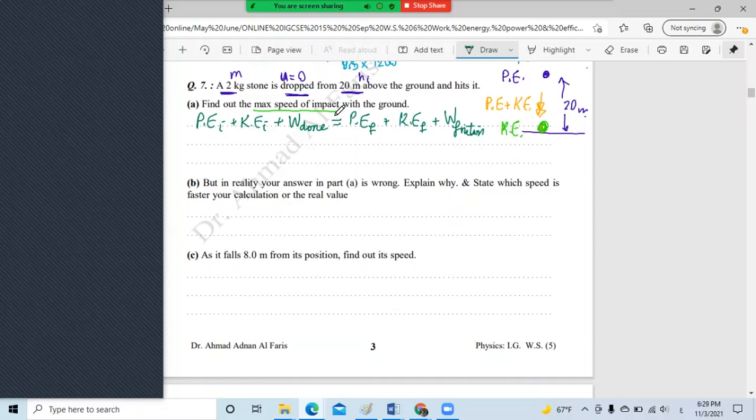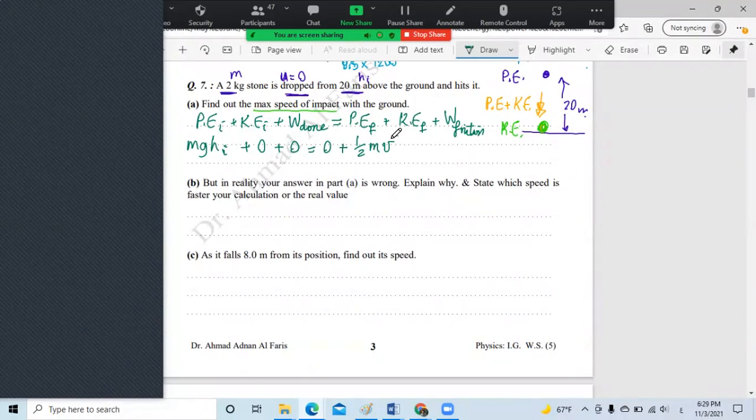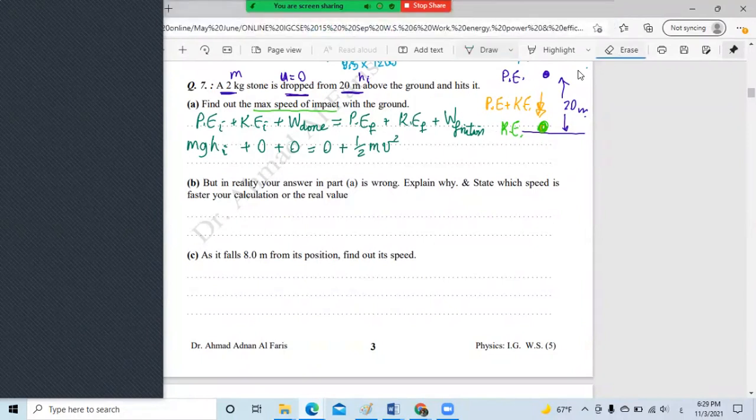The potential energy initial, which is mgh, plus kinetic energy initial, which is 0, plus work done, which is 0, equals potential energy final, which is also 0 as it reached the ground, plus kinetic energy final, which is half mv squared, plus work against friction.